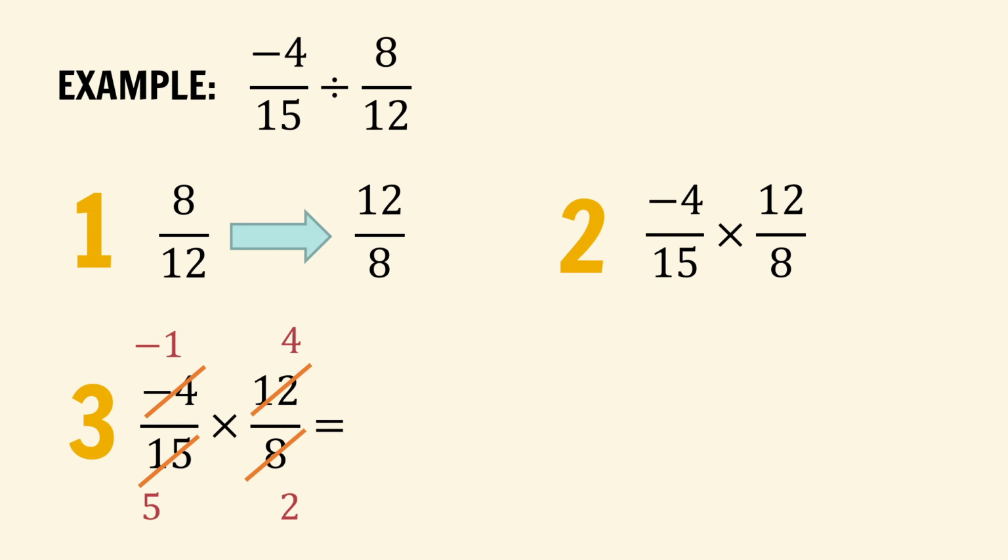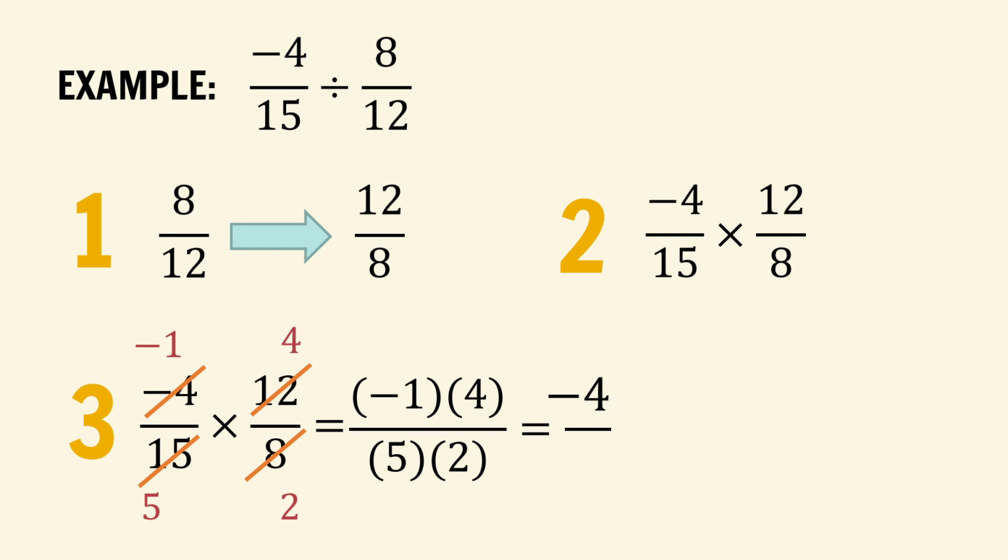So negative 1 times 4 equals negative 4. 5 times 2 equals 10. And since negative 4 over 10 is not yet in its lowest term, we will reduce it by dividing both numerator and denominator by 2, which leads to the answer negative 2 over 5.